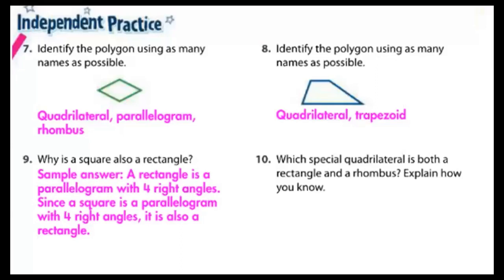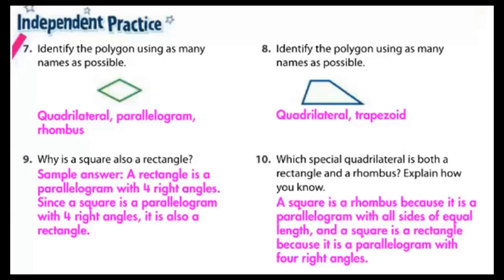So my answer here is that a square is a rhombus because it is a parallelogram with all sides of equal length, and a square is also a rectangle because it is a parallelogram with right angles.